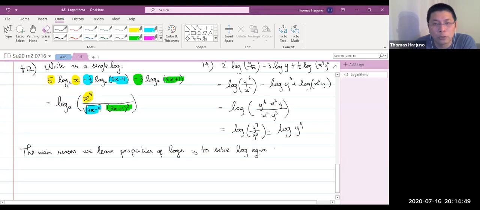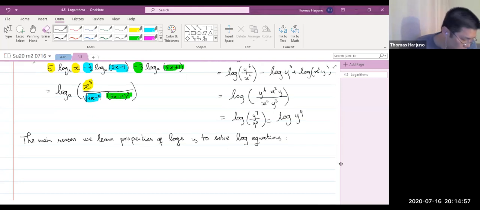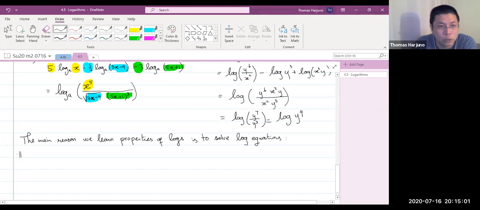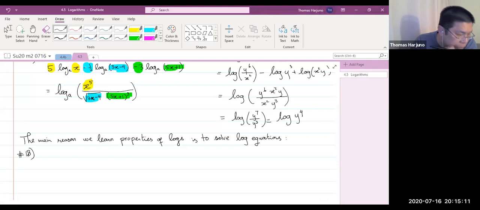We have learned to solve some simple log equations earlier in 4.4, but in 4.5, after being equipped with more properties, we are now ready to do a lot more problems. So for the next 30 minutes, I hope not that much, I will do solving equations.